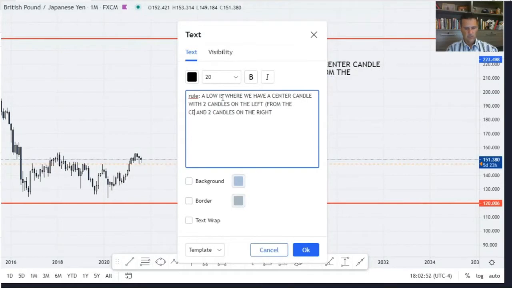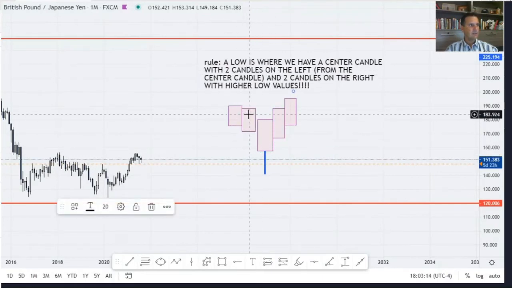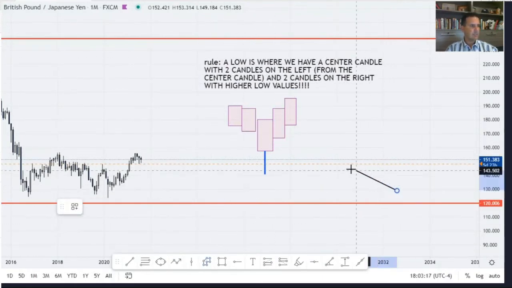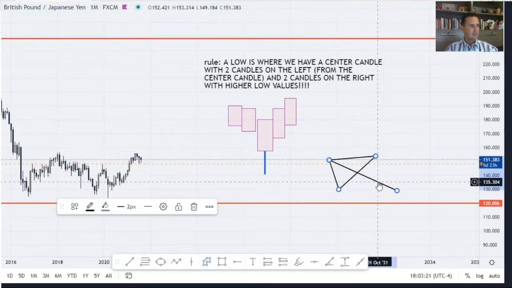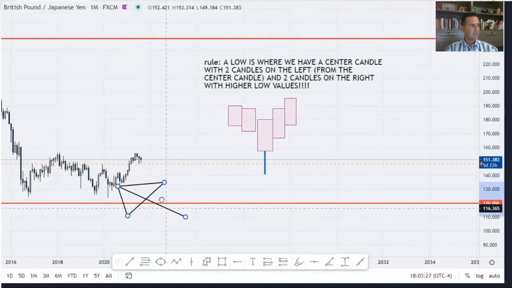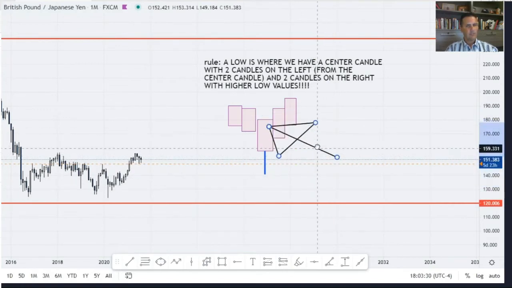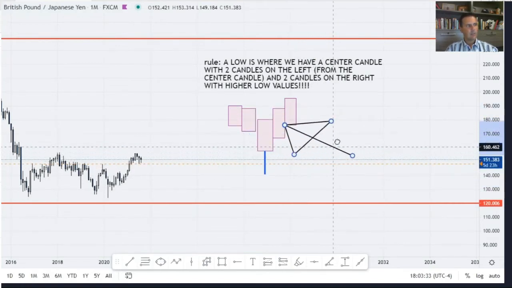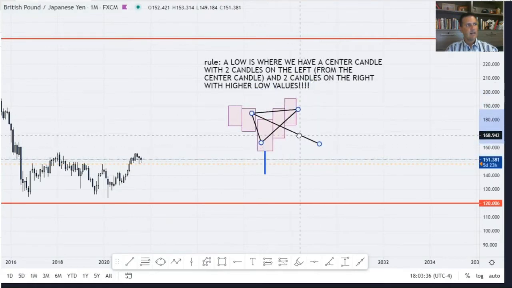Now this is the most important part, with higher low values, beginner traders. A low is a center candle. They come in all shapes, and we have different wicks and colors. So it's a center candle with 2 candles on the left and 2 candles on the right with higher low values.